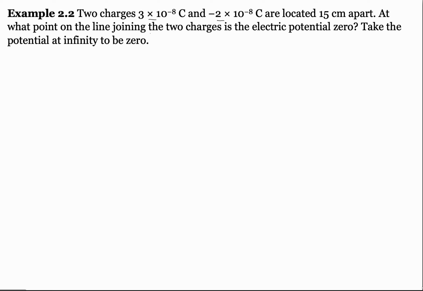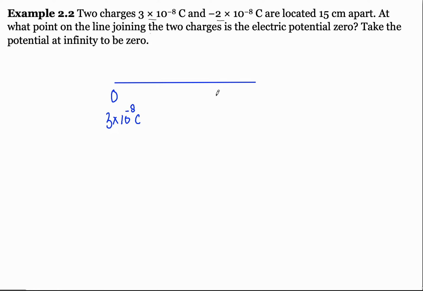So let's see. First of all, I'm going to draw a line. I'm going to write the magnitude of these charges on this line. Let's say this is the origin O and one charge is kept at this point. Let's say at the origin a positive charge is kept over here, which is 3 into 10 raised to the power minus 8 coulombs.